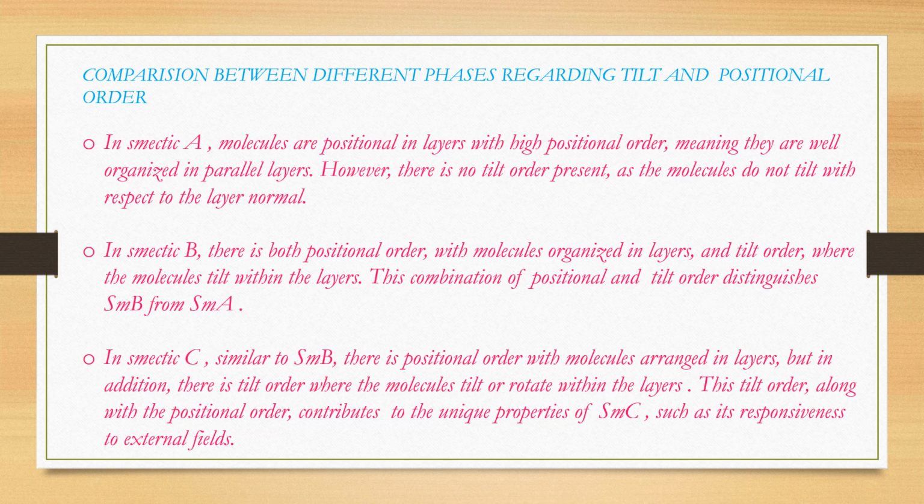This tilt order along with the positional order contributes to the unique properties of smectic C, such as its response to external fields. This is the comparison between the different phases.